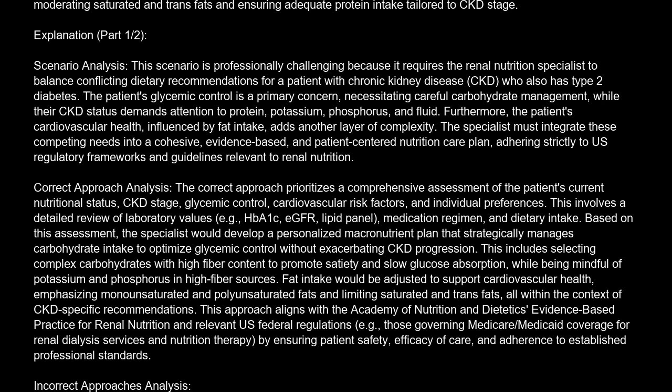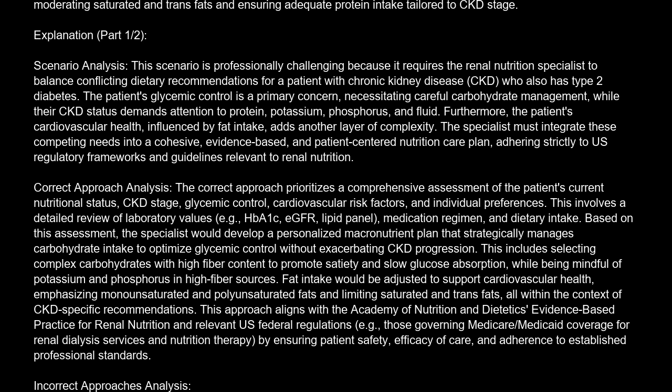Furthermore, the patient's cardiovascular health, influenced by fat intake, adds another layer of complexity. The specialist must integrate these competing needs into a cohesive, evidence-based, and patient-centered nutrition care plan, adhering strictly to U.S. regulatory frameworks and guidelines relevant to renal nutrition.